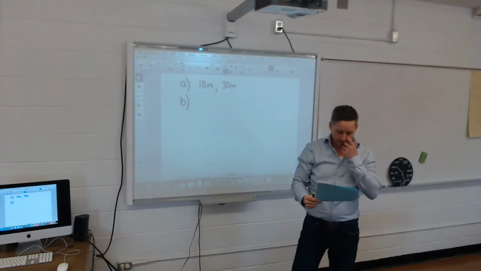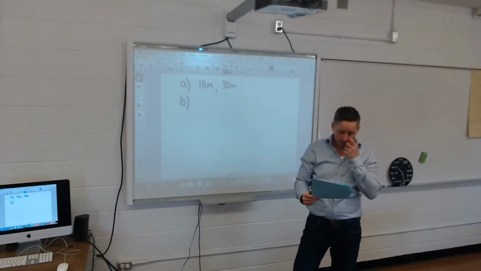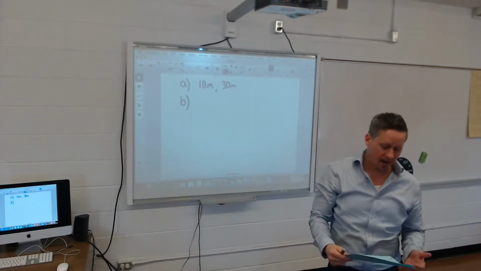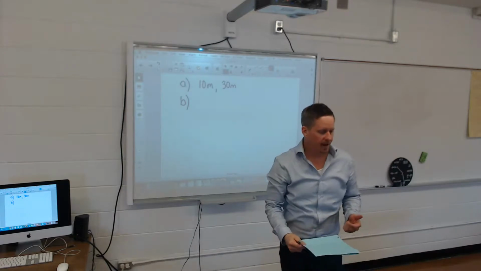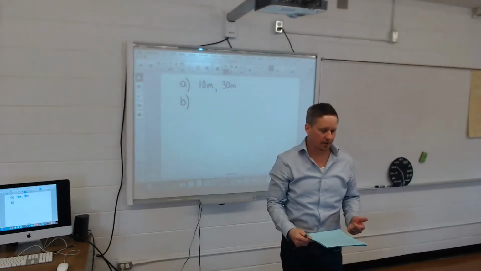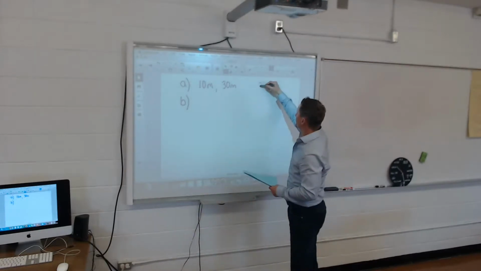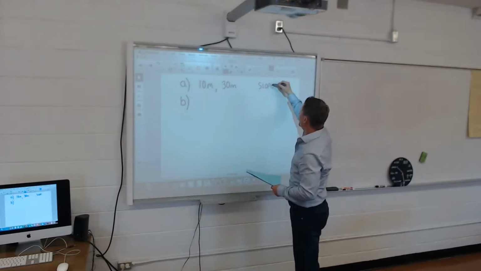In B, it says, how fast is each balloon rising? I can tell how fast the balloon is rising based on its slope, because its slope is the amount of rise over run.